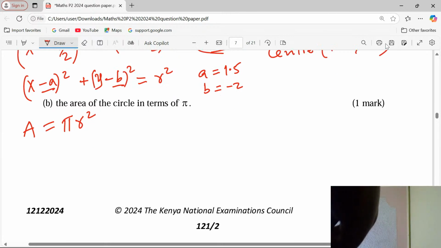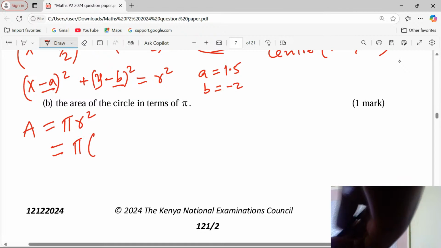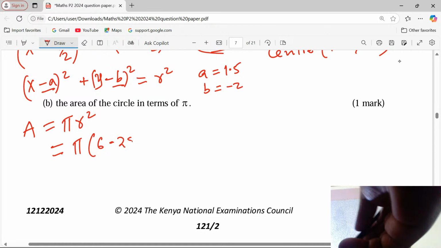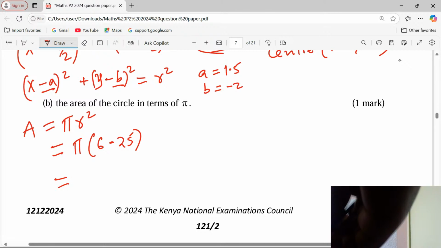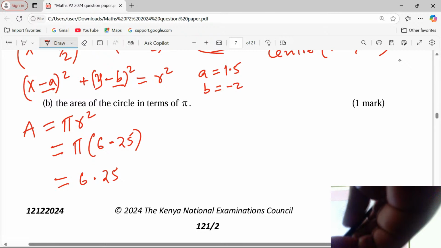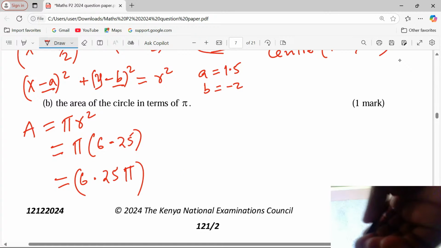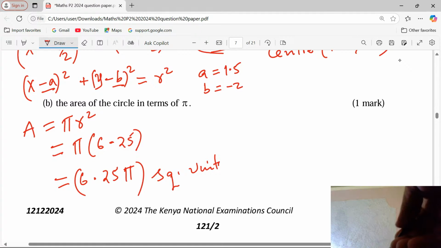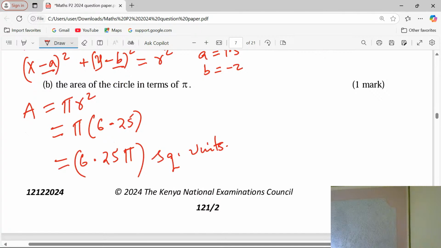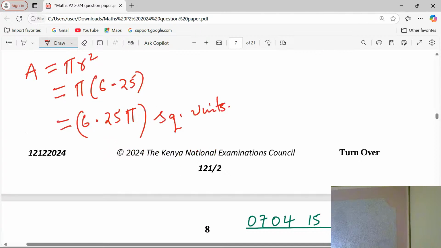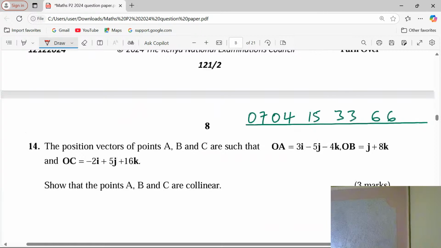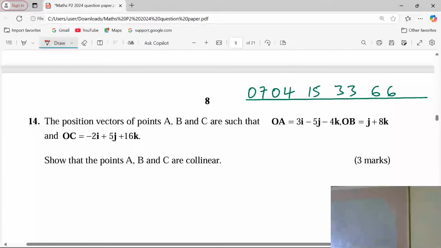So for this, pi r squared is here. So the area is 6.25 pi square units. So that is the area in terms of pi.